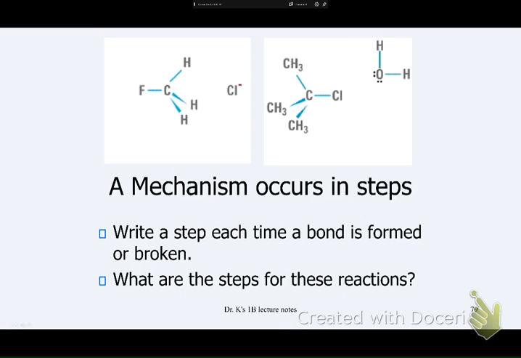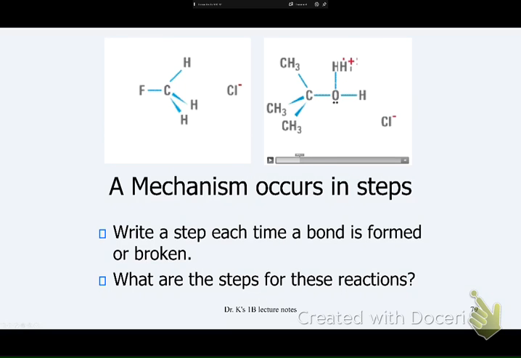Going back here. That was that. The H comes on and attaches itself. What's the next part? The charge moves. And again, that actually happens at the same time that the attachment gets made, but it's a little hard to show. And then after that, what happens? Breaks off. Yeah.